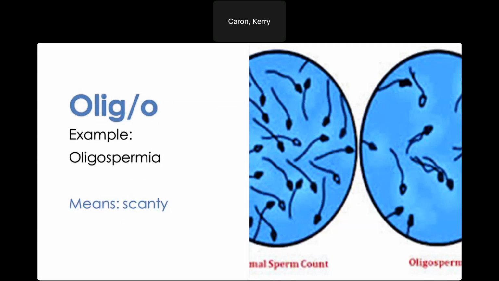So oligo, you might remember from the urinary chapter, oligo means scanty. And if you don't remember what scanty means, it means too few. So in this example of oligospermia, this is a normal sperm count in a petri dish. This is oligospermia, which is too little sperm.